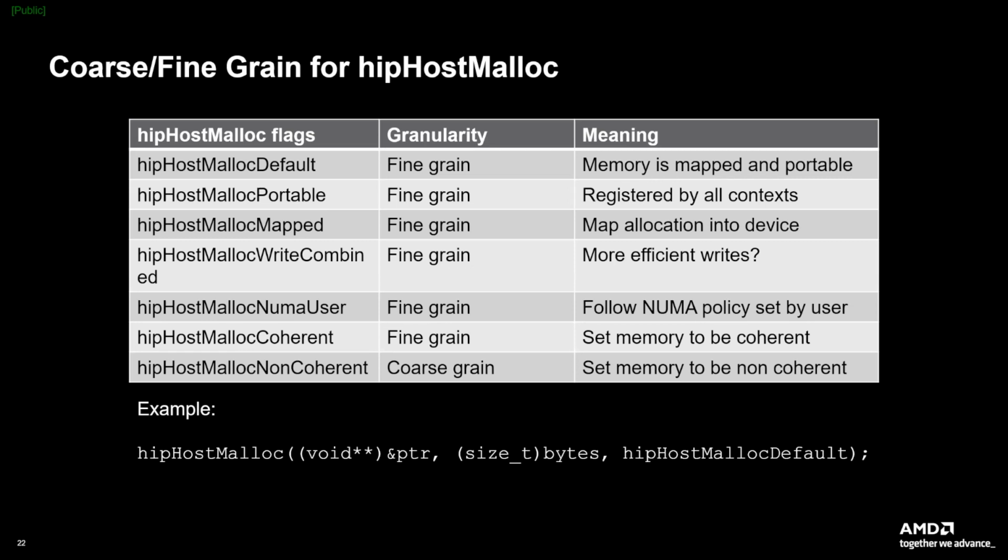So the default, as we showed before, is if you don't have any flag, but you can set different kinds of flags for this coherency attribute for the memory. And again, these are still being experimented with, and should provide some special capabilities in different situations.